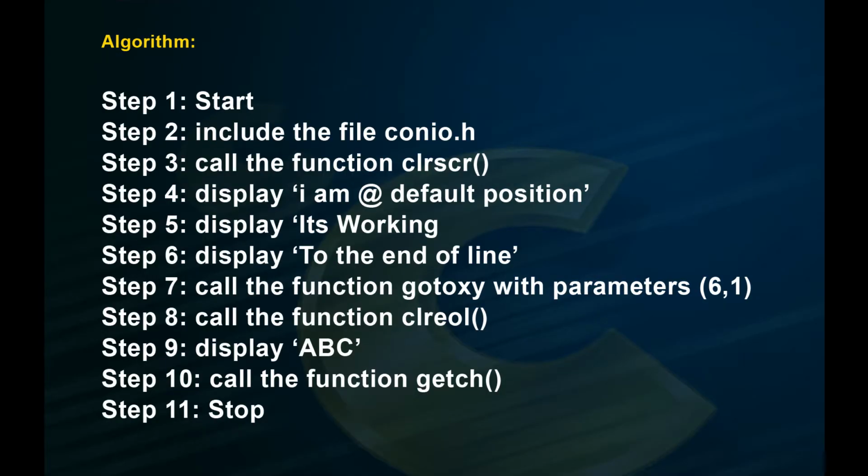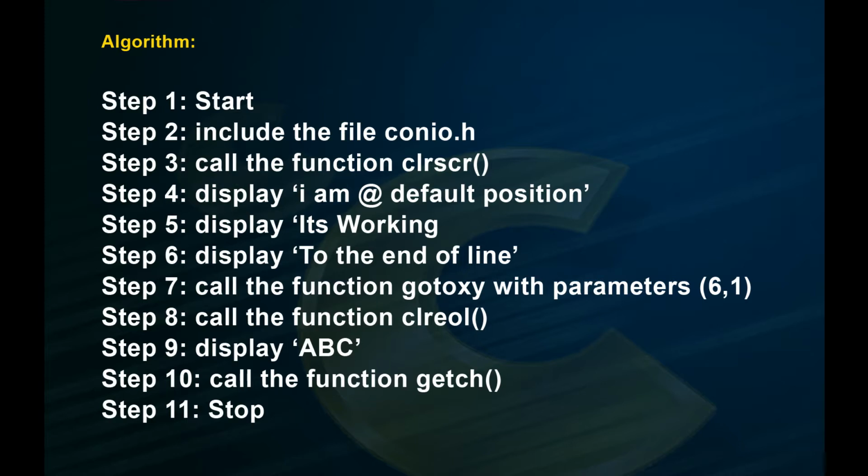clreol clears all characters from the cursor position to the end of the line within the current text window without moving the cursor. It does not return anything. Let us see the algorithm first. Step 1, start. Step 2, include the file conio.h. Step 3, call the function clrscr. Step 4, display I am at default position.